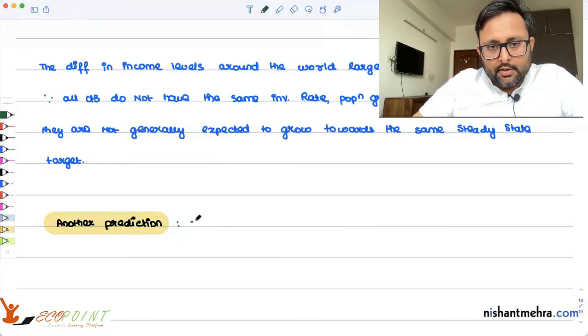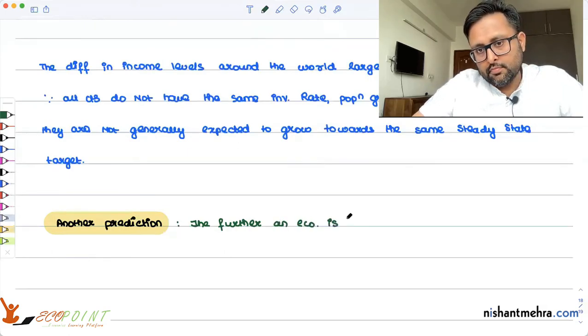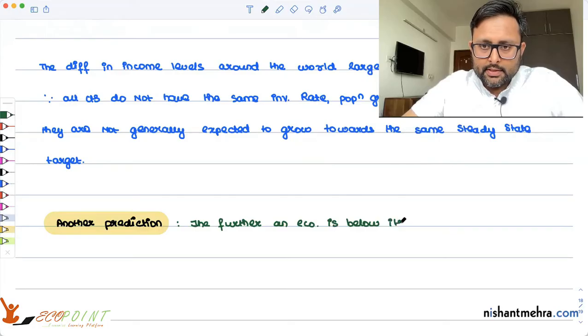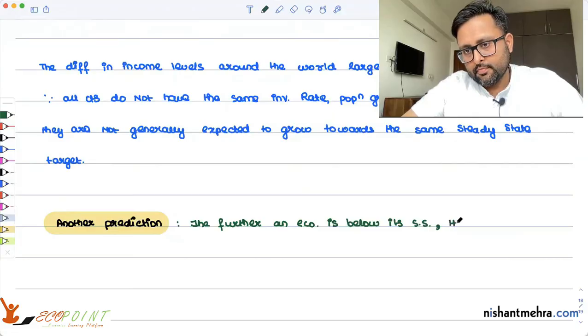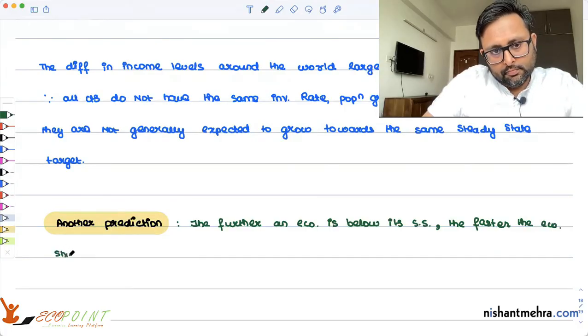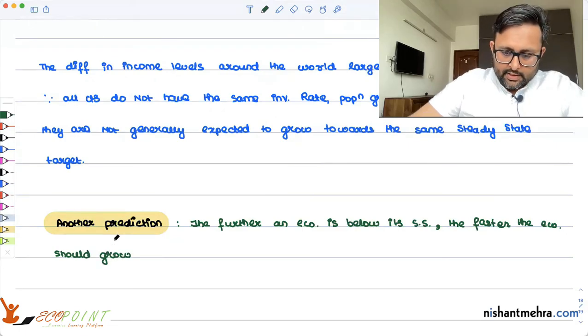Please write this. The further an economy is below its steady state, the faster the economy should grow.